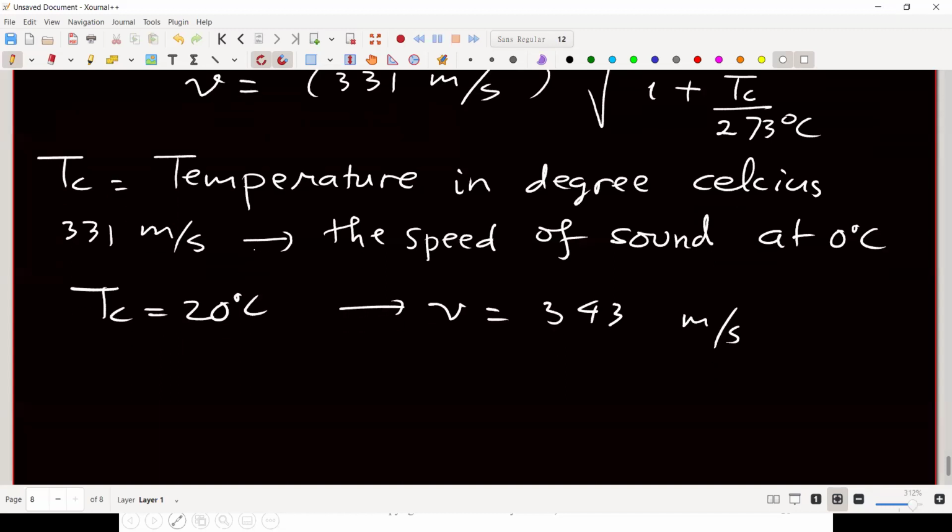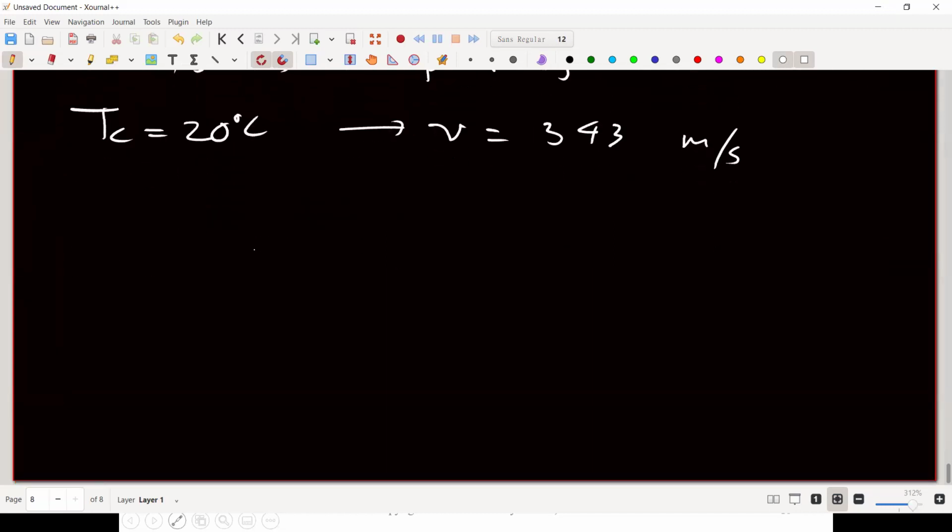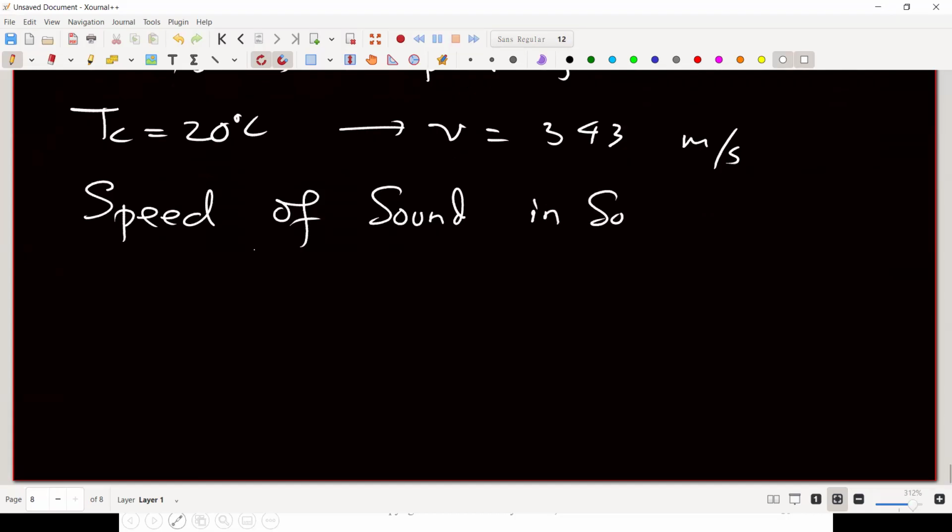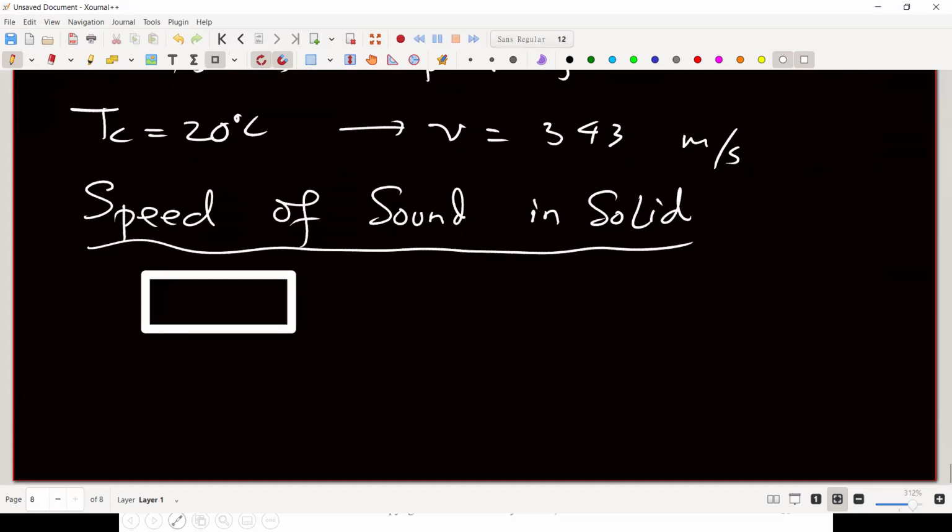Then next is the speed of sound in solids. So for example, an aluminum bar. So what is an example of an aluminum bar?